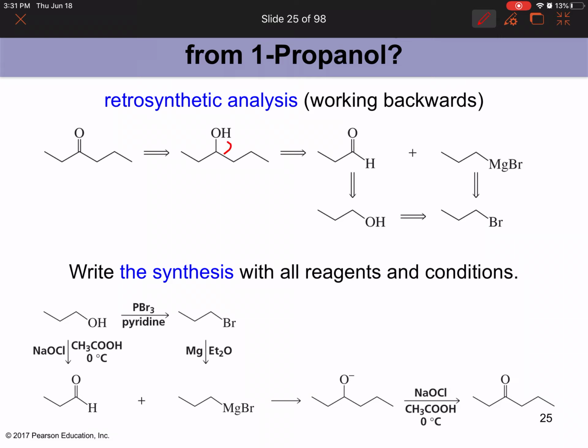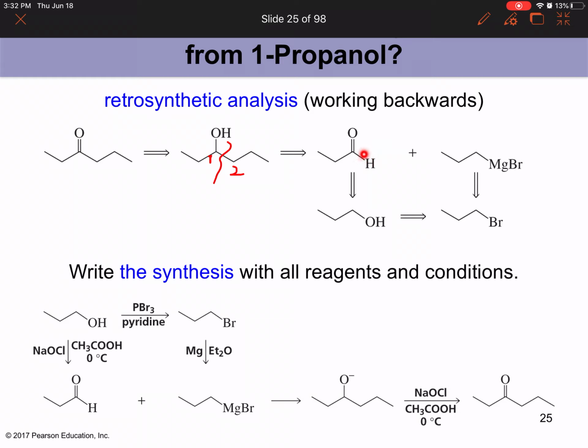If you break the bond here, we can combine carbons using a Grignard reagent reacting with an aldehyde, and that aldehyde could be a 3-carbon propanaldehyde.